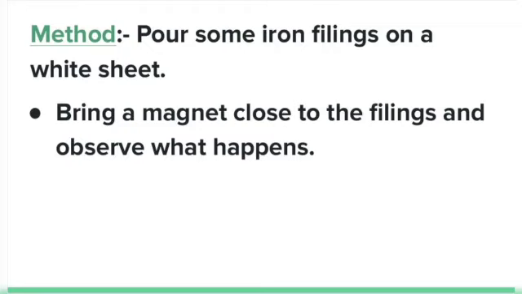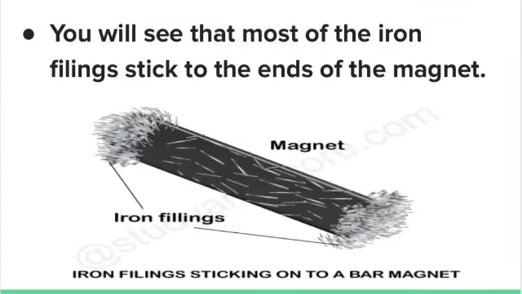So when you bring a magnet close to the filings, the iron filings stick to the magnet, or are attracted towards the magnet. And you will see that most of the iron filings stick to the ends of the magnet, meaning both ends of the magnet, as shown in this picture.